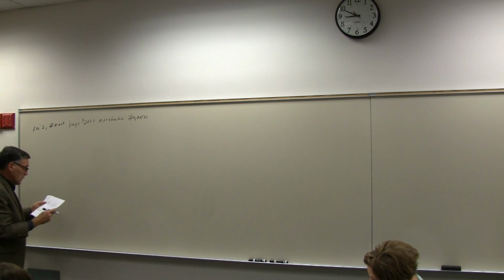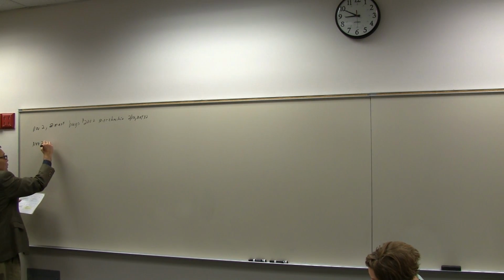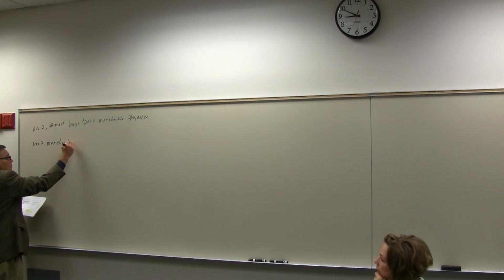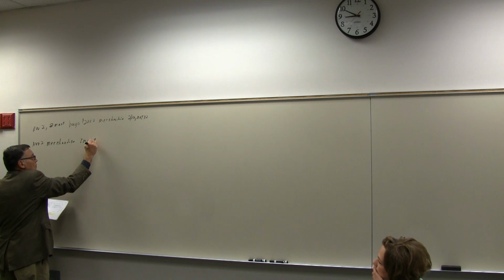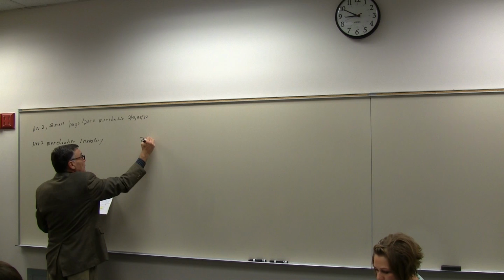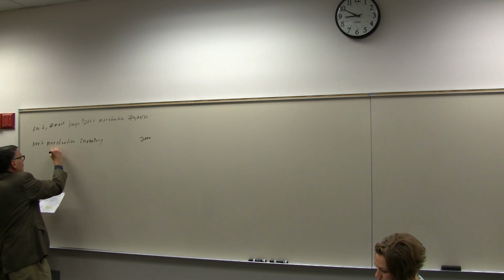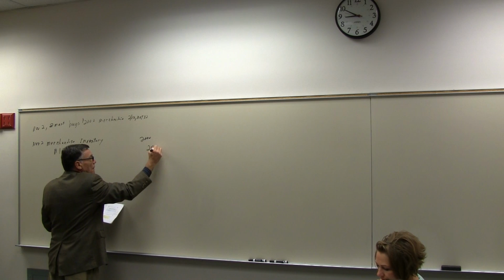Okay? So what happens here is the journal entry is November 2nd. You're going to debit merchandise inventory for 2,000, and you're going to credit accounts payable for 2,000.